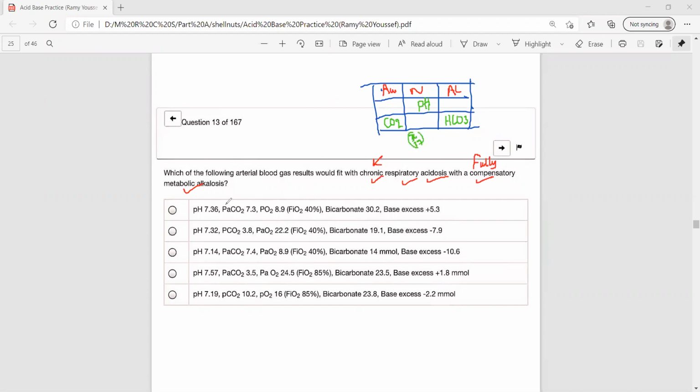Okay, let's start excluding. Which would you exclude? Let's exclude B, exclude C, exclude D, exclude E. You got A left.